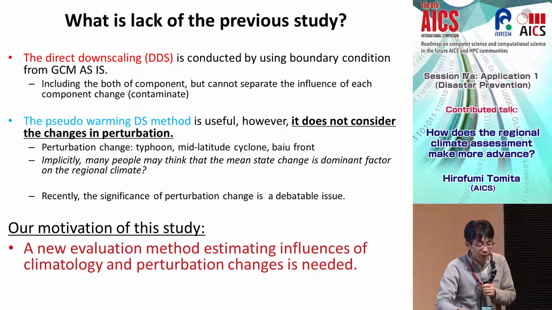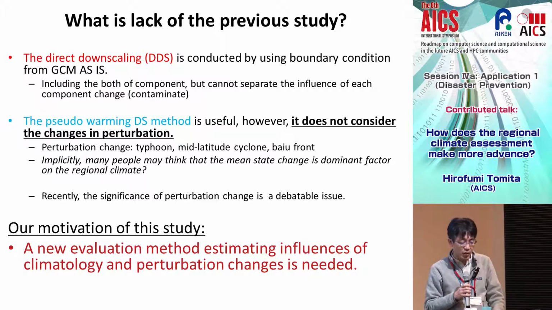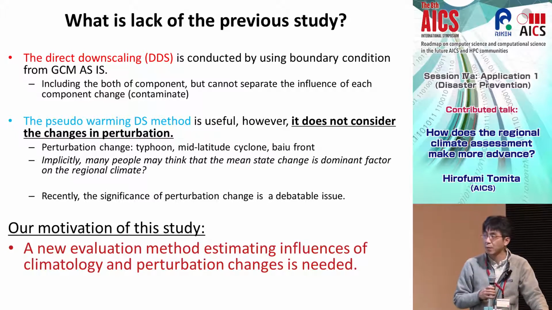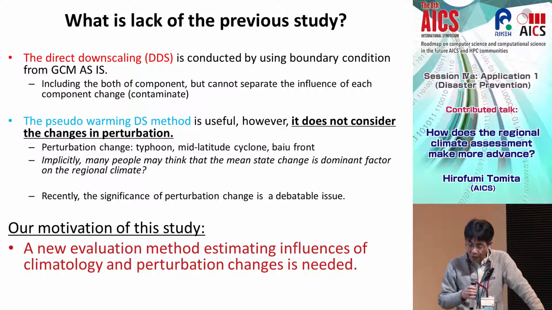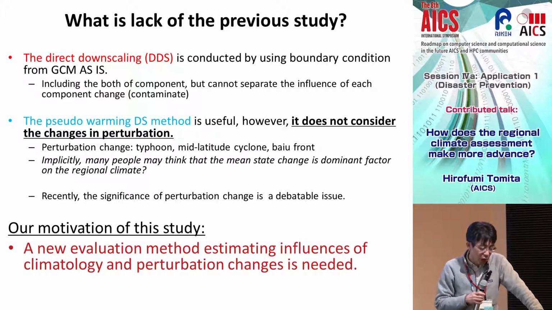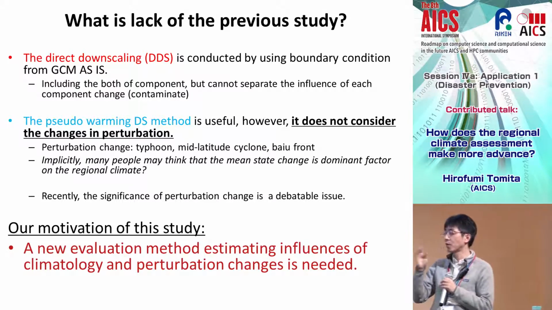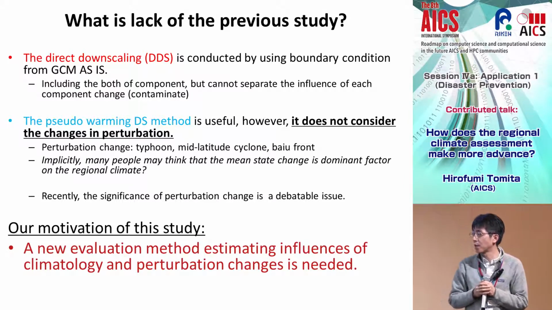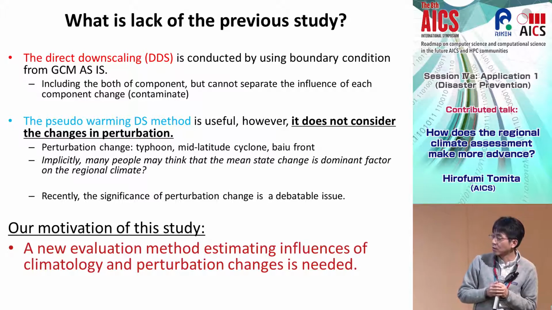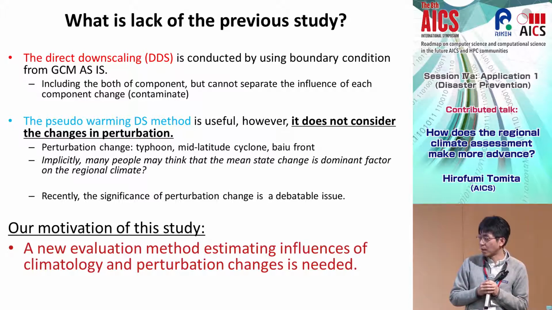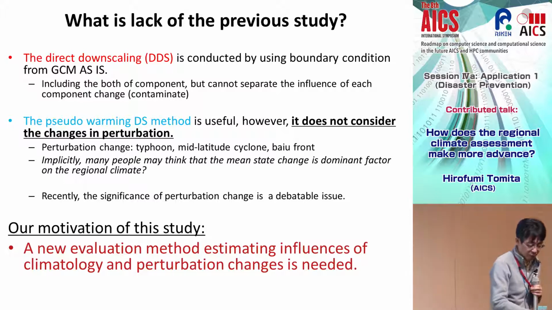But recently, the significance of perturbation change has become a debatable issue. So this is a very important issue. So our motivation for this study is that a new evaluation method estimating the influence of climatology and perturbation change separately is needed.